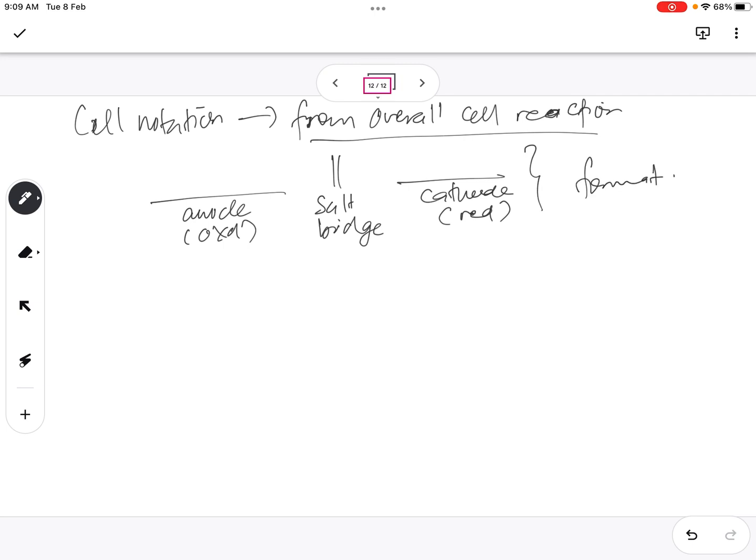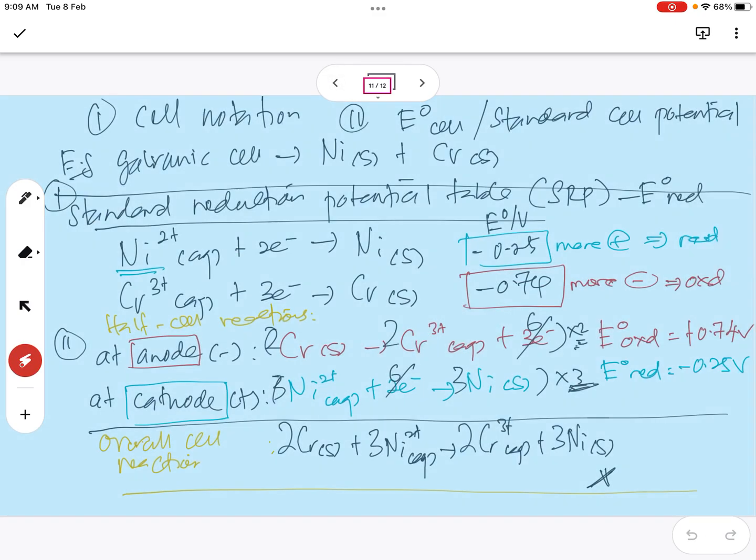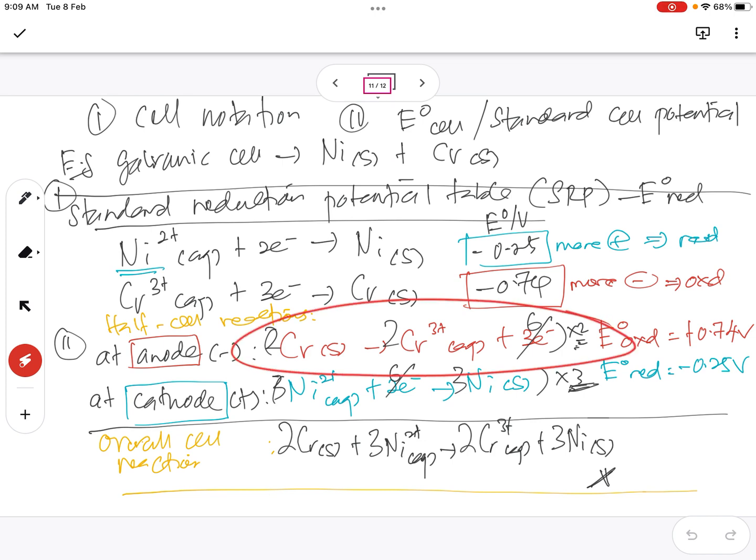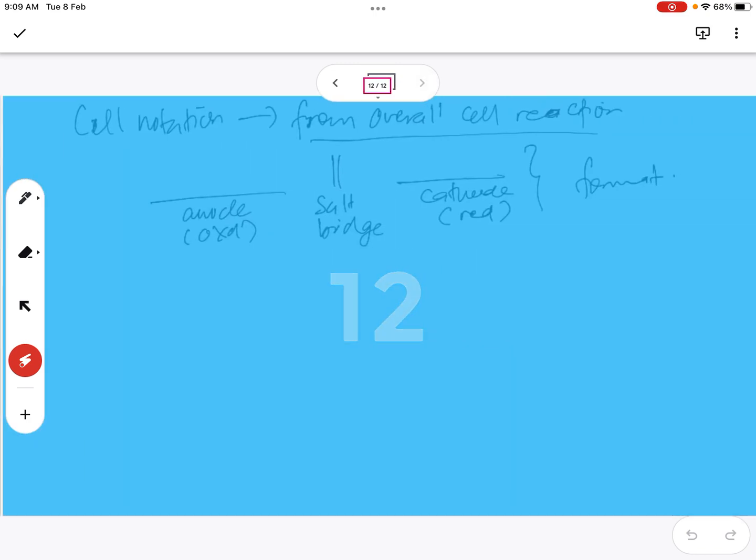Cannot change the format. So for this example, kita cuba tengok siapa anode. Anode is chromium kan? Chromium is our anode, so itu mesti sebelah kiri lah.